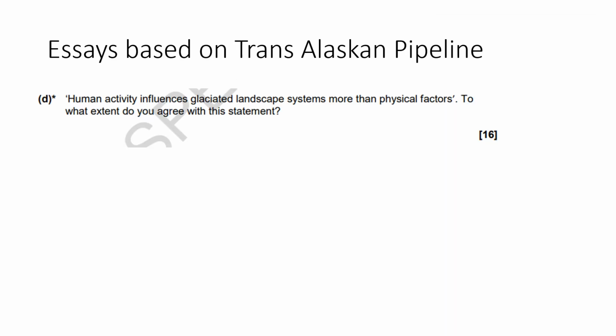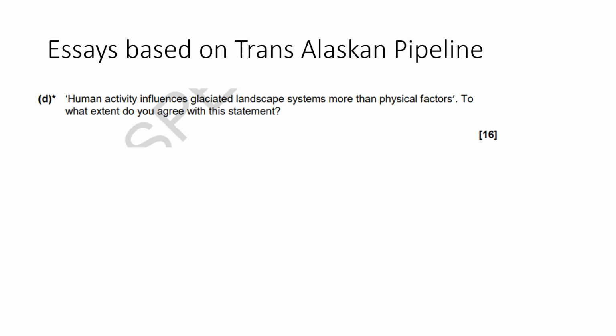And here's a potential essay question. Now I say potential because the question is about glaciated landscape systems. So ideally you would be talking about glaciated landscapes and you'd be talking about the dam in Switzerland. Different video for that one. Really, you would want to see the words periglacial landscape system for the Trans-Alaskan Pipeline, but there is a little bit of flexibility.